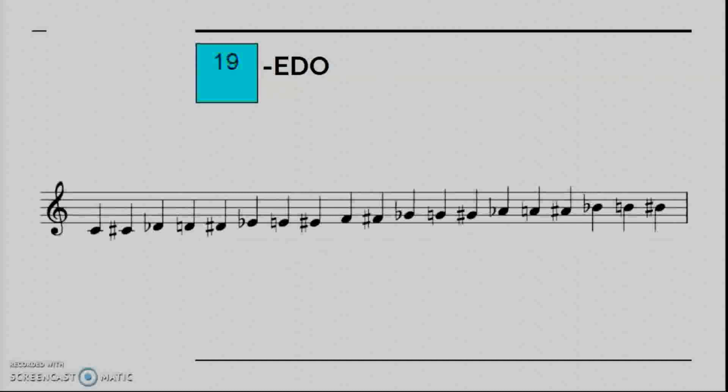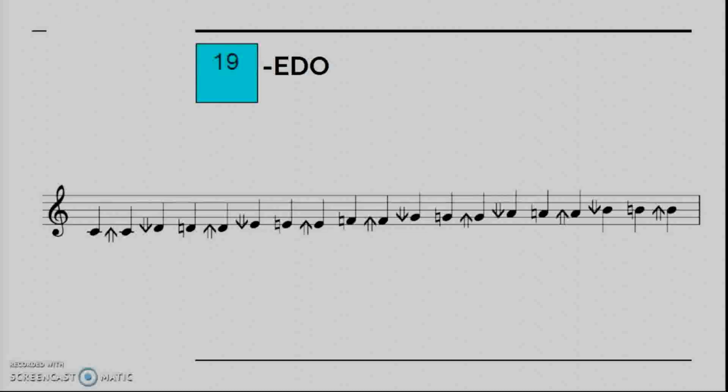The same happens to be true of 19 EDO. It's just that in 19 EDO, C sharp is no longer the same note as D flat. Okay, but this isn't sagittal notation, you might say. Well, remember there's more than one way of using sagittal, and one way of using it still keeps the conventional sharps and flats around. So this is technically valid sagittal notation. There's just nothing uniquely sagittal about it.